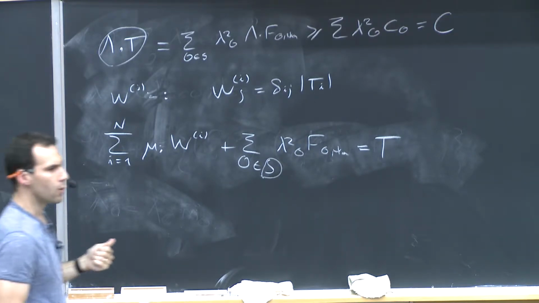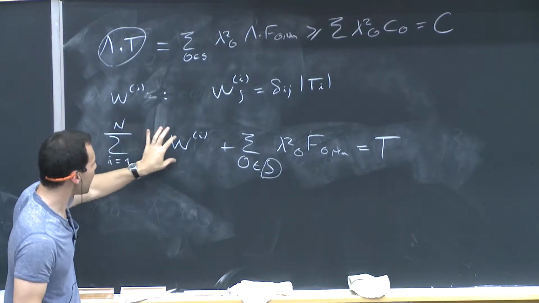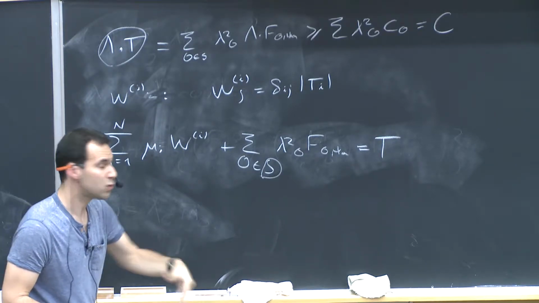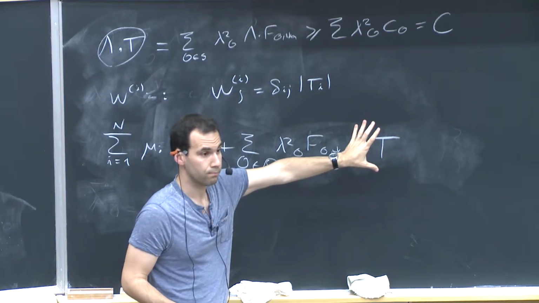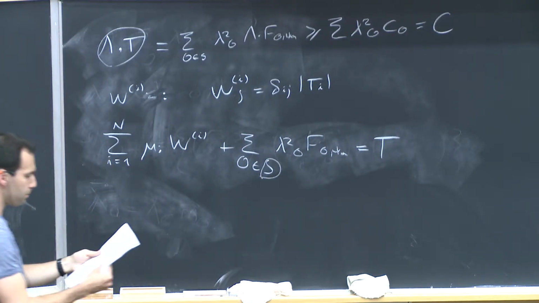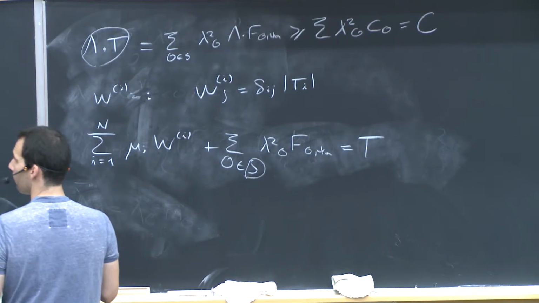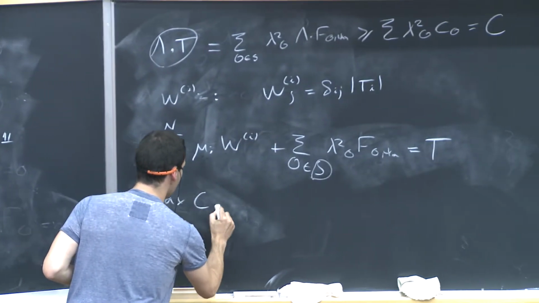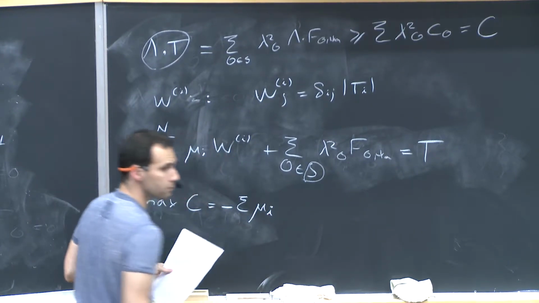And now what do we want to do? We want to do an OPE maximization problem where we want to minimize these coefficients. We want to send these mu's to 0. And if the minimum is when these mu's are all 0, then you found the solution to crossing. You see? So the two problems are actually related. So the feasibility problem now is, let me write it down: maximize the cost, which is minus the sum of the mu_i's.